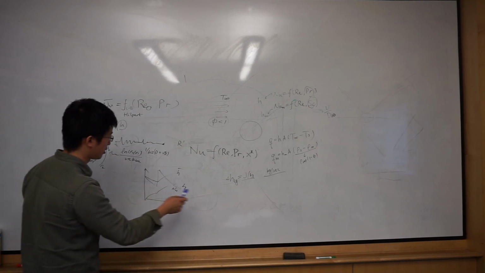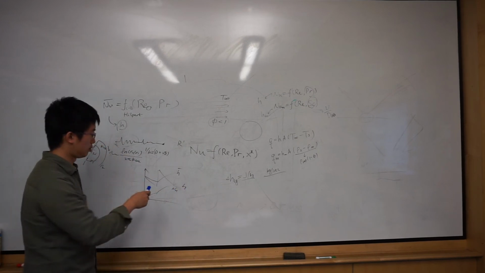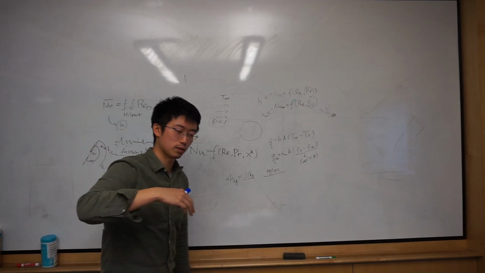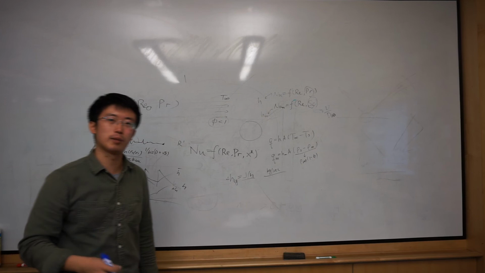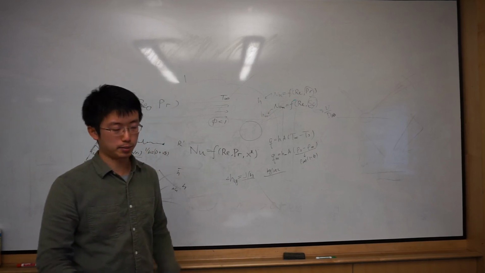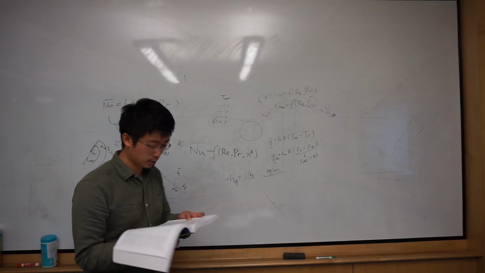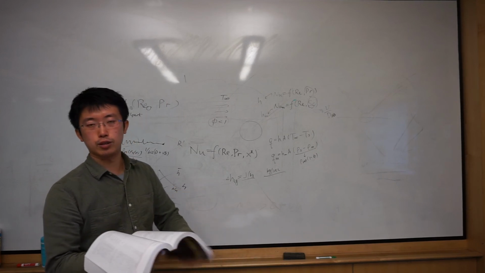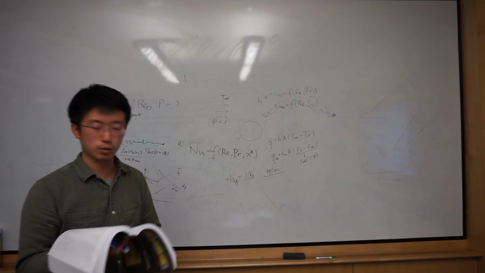At the beginning of the thermal boundary layer, the convection coefficient is still quite high because it just starts to heat up. That's the idea. You can look at the equations in the book, just in case you see that scenario when you start working.